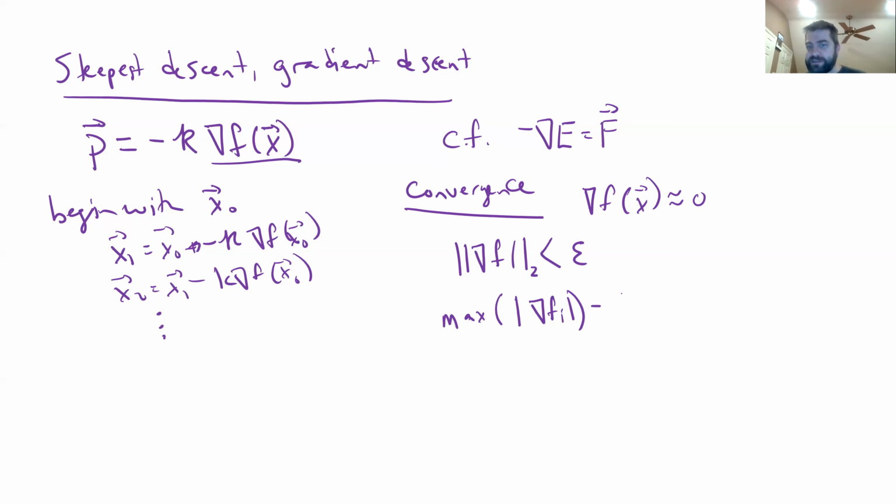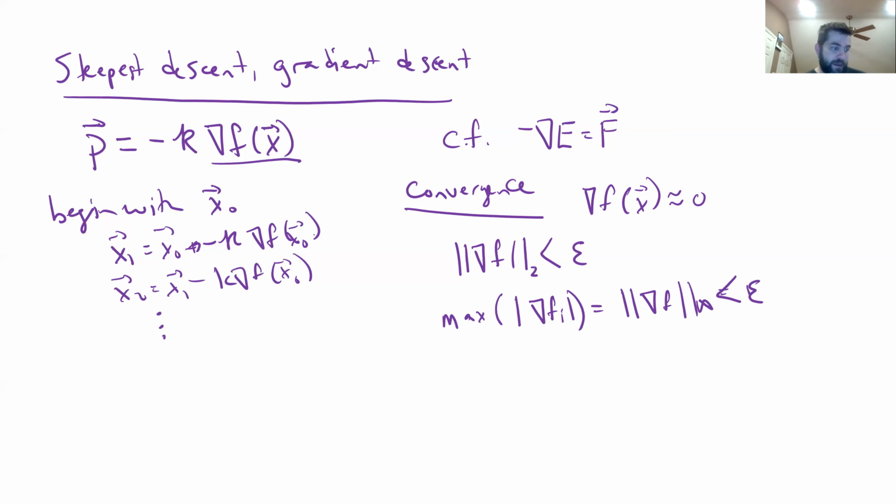This is actually the same as what we call the infinity norm of the gradient. That is, in the first case, we're just looking at, in some sense, an average. What's the overall size of the gradient? Is it close to 0? In this second case, we're asking for every individual element in the gradient to be close to 0.